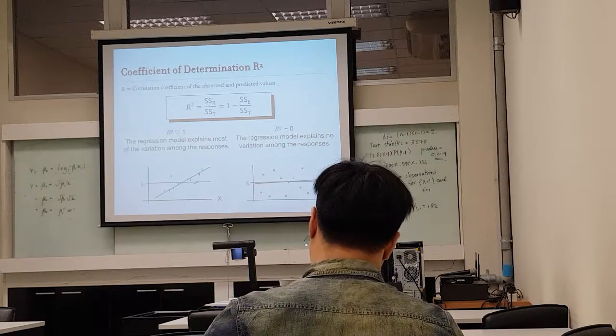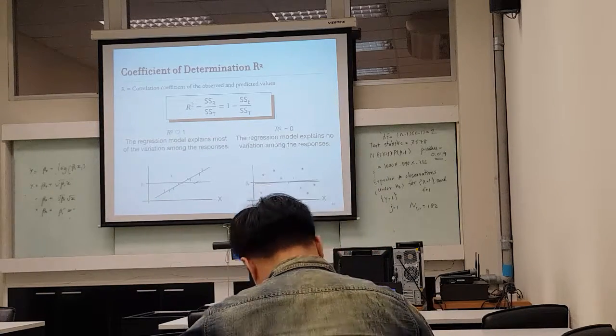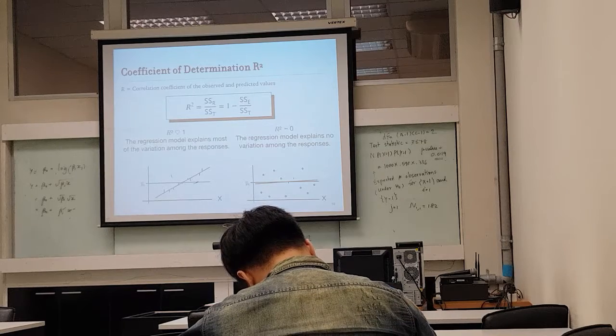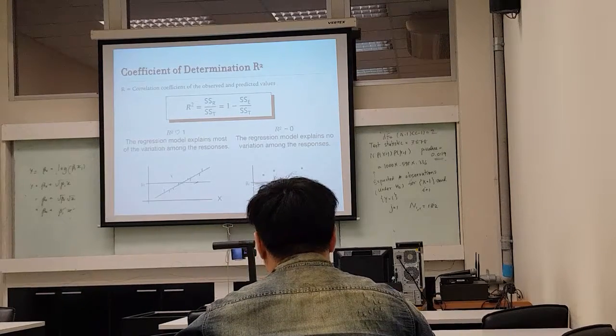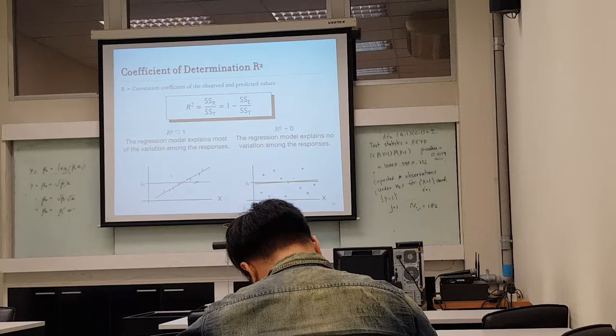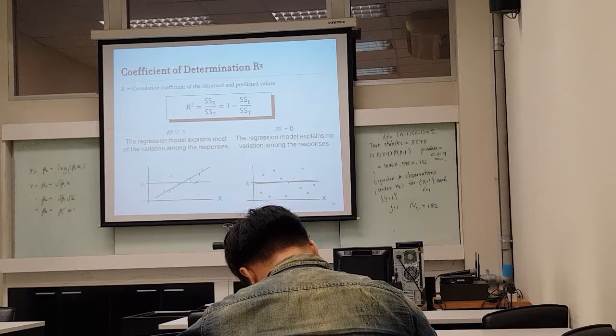If you have R squared close to 0, your fitted model explains nothing. That is, you can use the mean to explain this variation as well. Your model is very poor in explaining the variation of the response around the mean value.